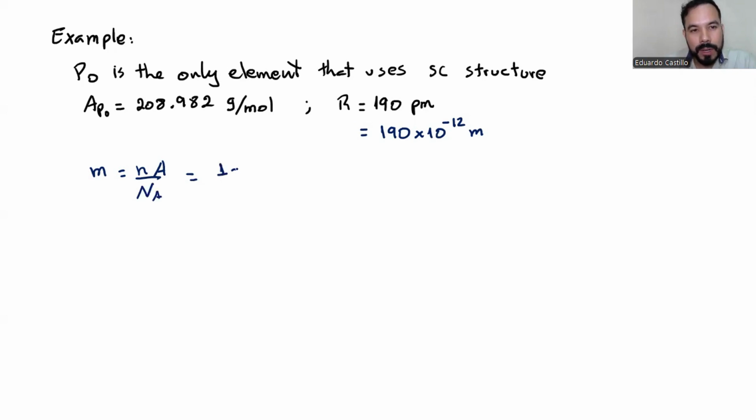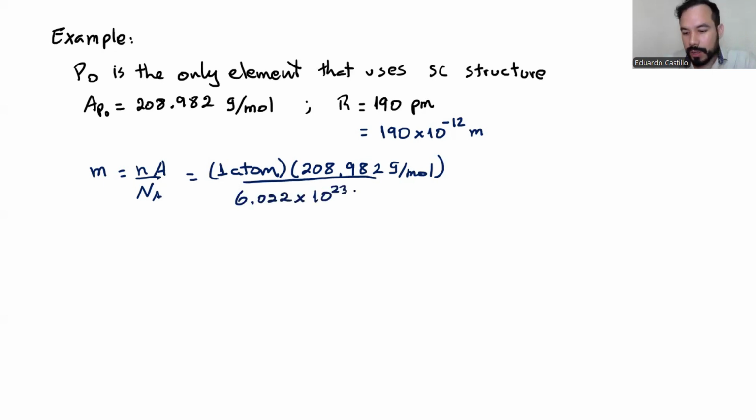So this will be 1 atom times the atomic weight, which is 208.982 grams per mole, divided by the Avogadro's number, which is 6.022 times 10 to the 23 atoms per mole. And atoms cancel, moles and moles. And my final answer is 3.4703 times 10 to the minus 22 grams.